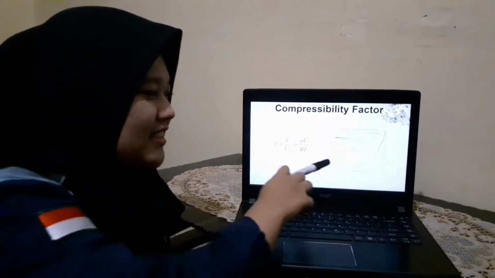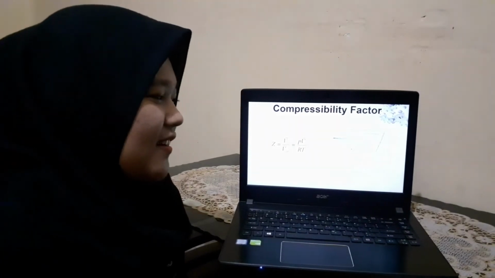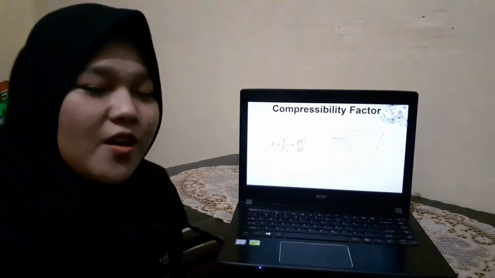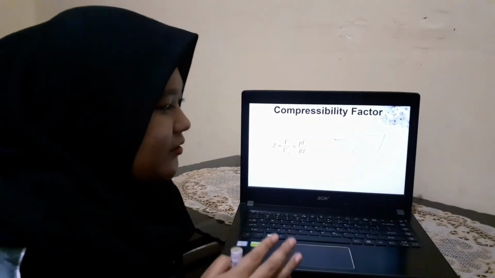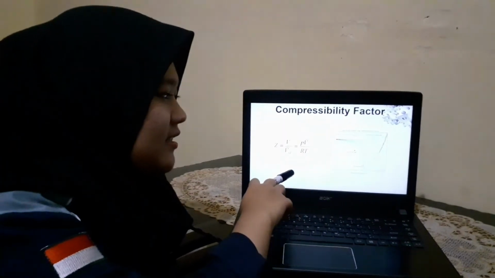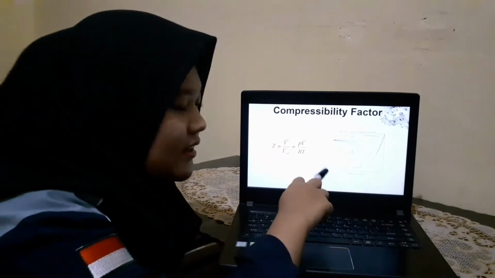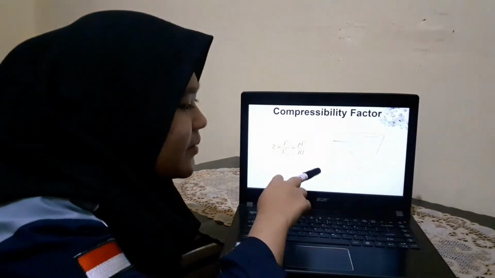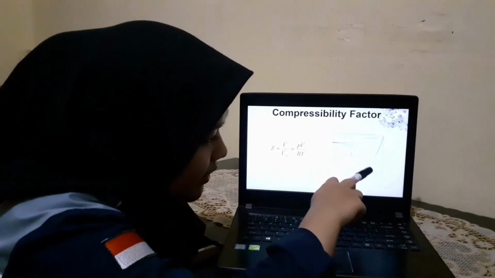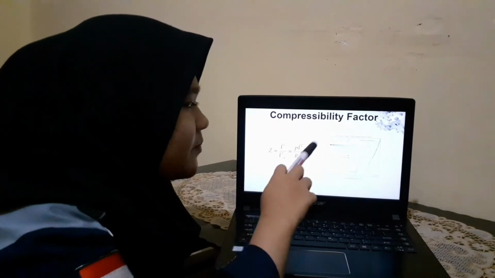About the compressibility factor, we know its graphs. Actually, this is the graph of the critical constants, but I add it here to help you understand the compressibility factor of gases. This is actually the correlation between the compressibility factor Z, temperature, and pressure.